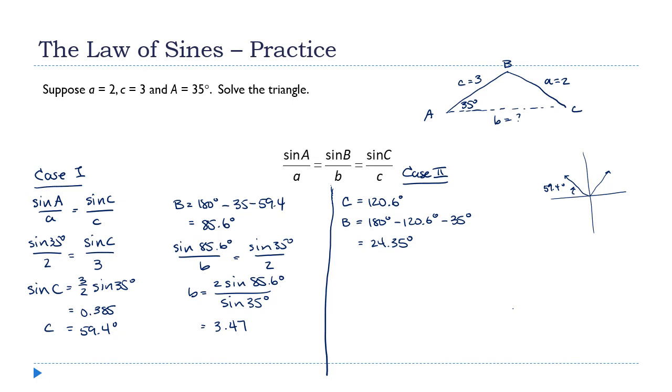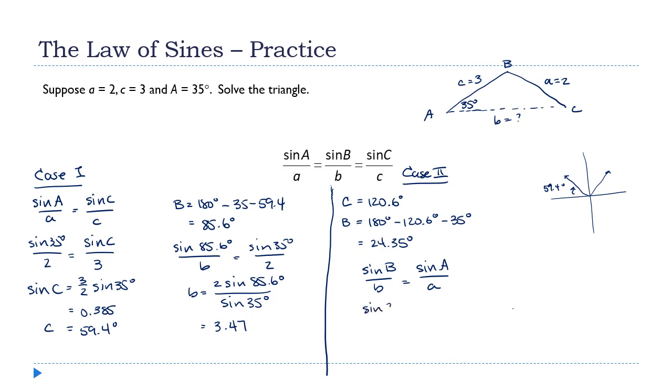I'm going to find side B. That's the only missing part now. I know all three angles. I know sides A and C. All that's left is to find side B. So I'm going to say the sine of B over B equals the sine of A over A, where B is my new angle here. That's 24.35.